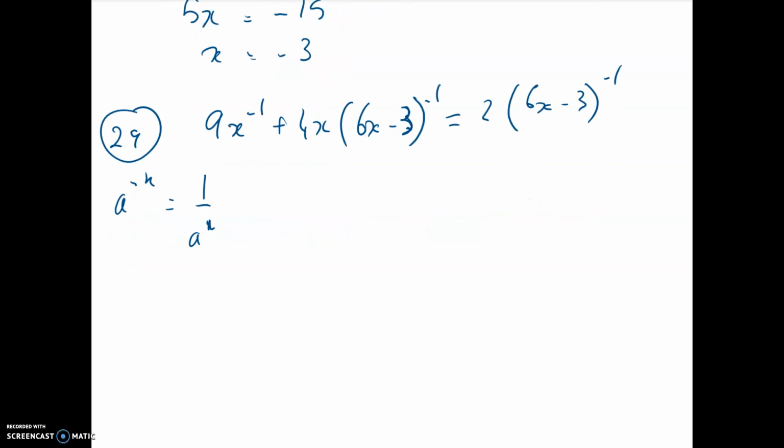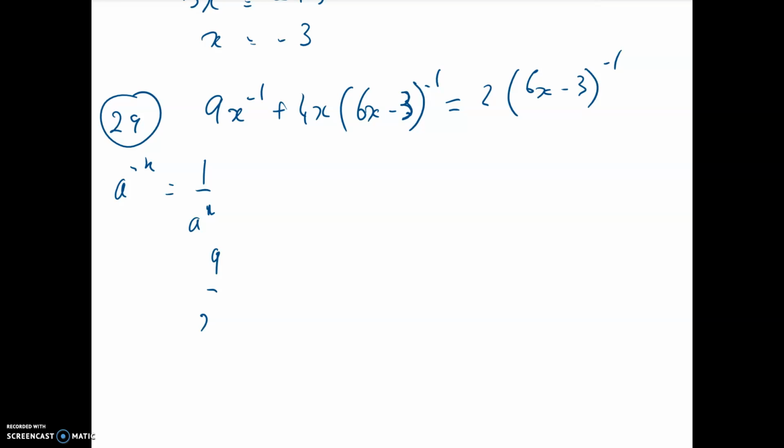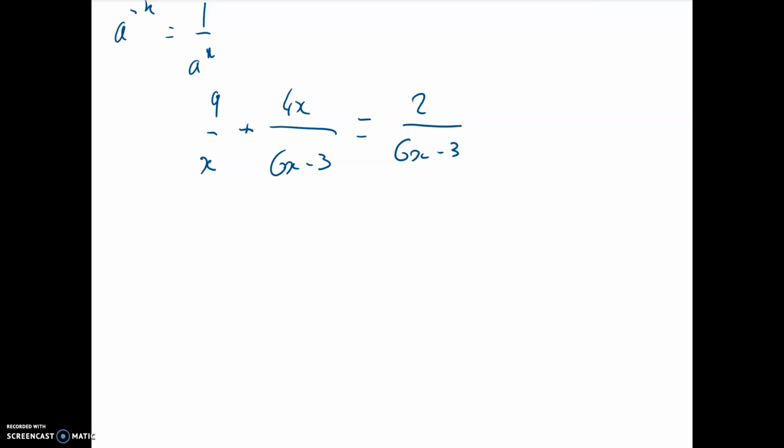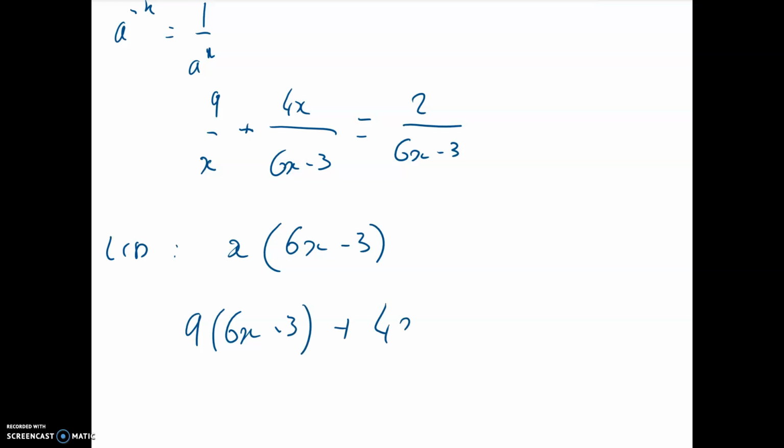Therefore, I end up dealing with 9 over x plus 4x over 6x minus 3 equal 2 over 6x minus 3. So I will have to multiply by the LCD. I'll let you calculate the LCD, which is going to be x times 6x minus 3.